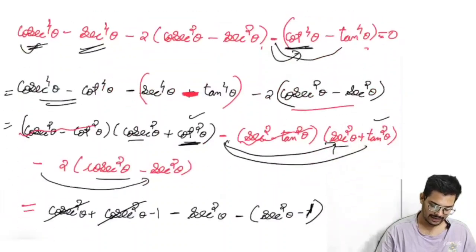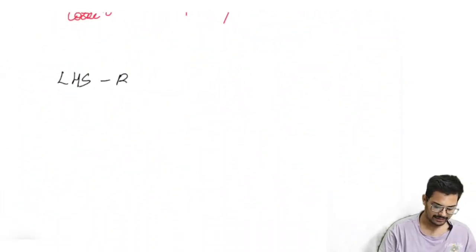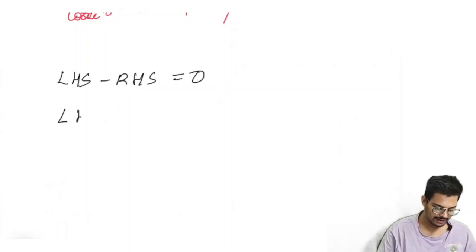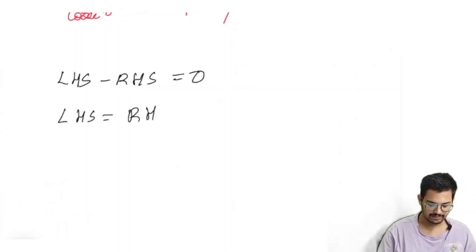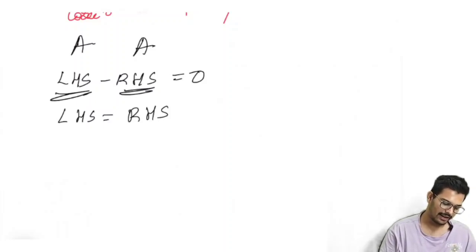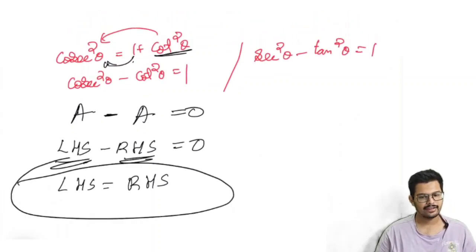When I subtracted LHS and RHS, the entire value is 0. Hence I can conclude our LHS equals RHS, because if this is equal to A and this is equal to A, when I subtract both, A minus A is 0. That's how I can conclude my LHS and RHS are the same.